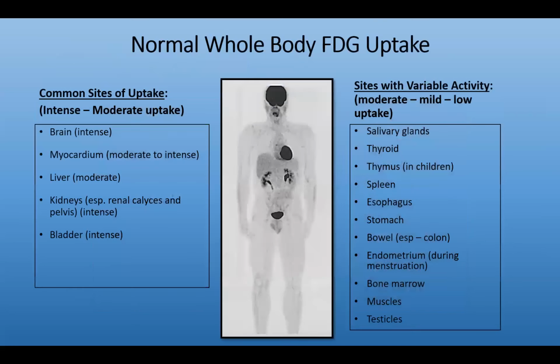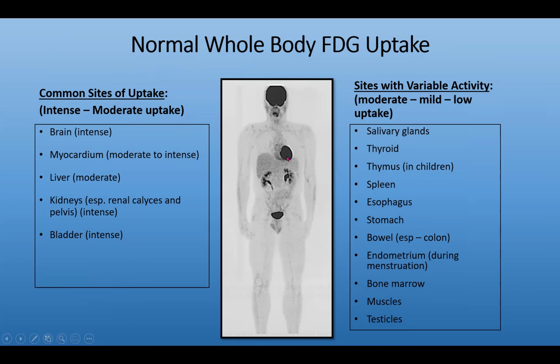So what does a normal whole body look like in terms of the FDG uptake? So you notice that I've got two categories: the common sites of uptake and then sites that have variable activity. So if we look first at the common sites, these are sites that will almost invariably have moderate to intense uptake, right? So you can see the brain, right? Most of us utilizing lots of glucose in our brains, hopefully.